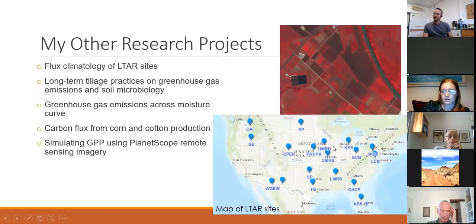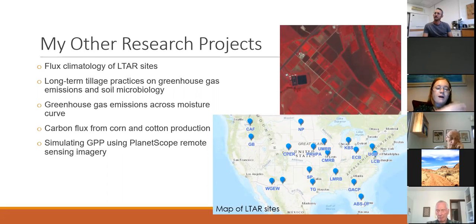I have here a map of all LTAR sites across the country, and we're the TG site, that's Texas Gulf. What I'm trying to do is compile eddy covariance data from all of the sites. As of right now, every site within the network has eddy covariance towers installed.